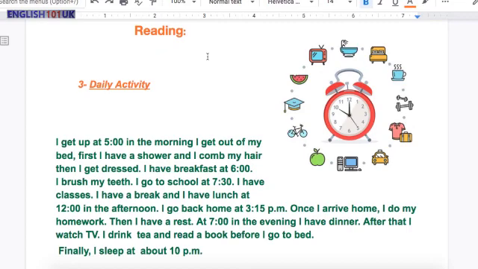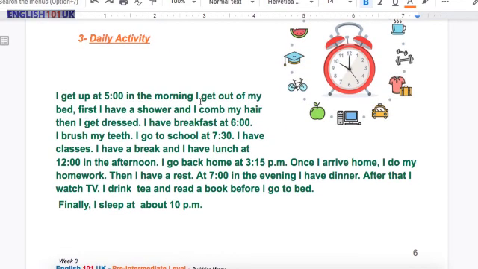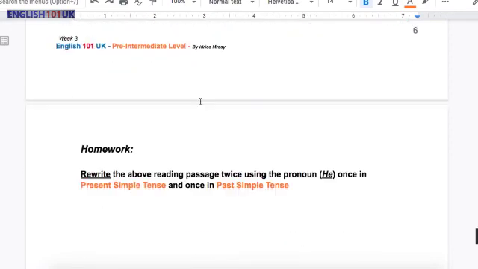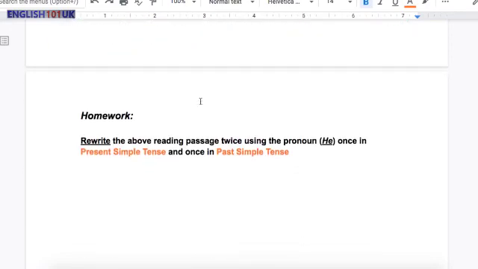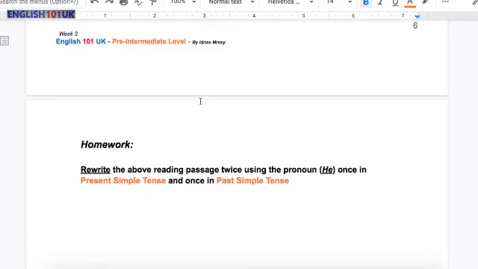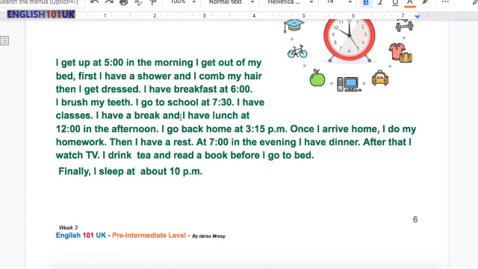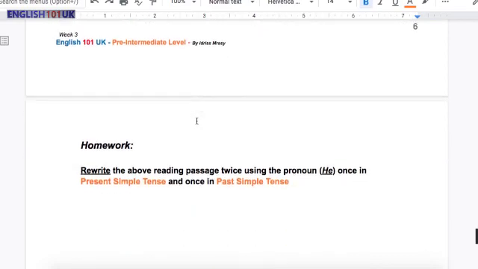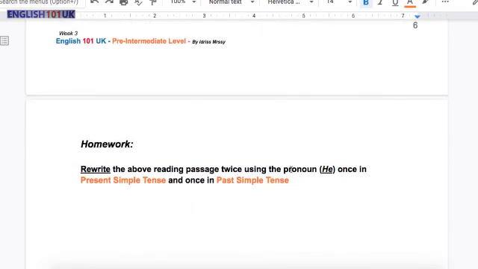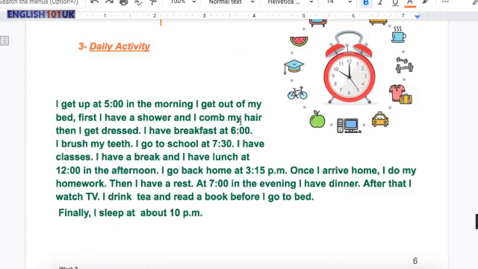Let's move to our homework, which says, rewrite the above reading passage twice. So rewrite this one again 2 times using the pronoun he. Use he instead of I, because we have I here.